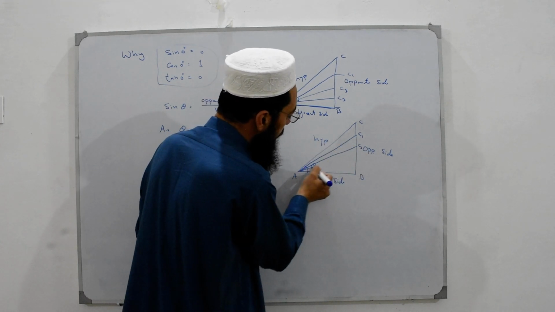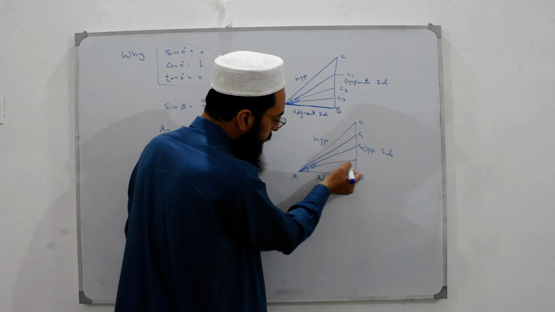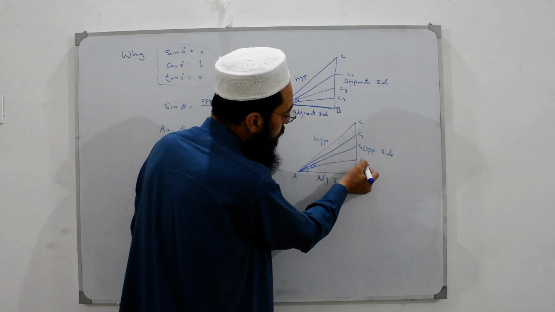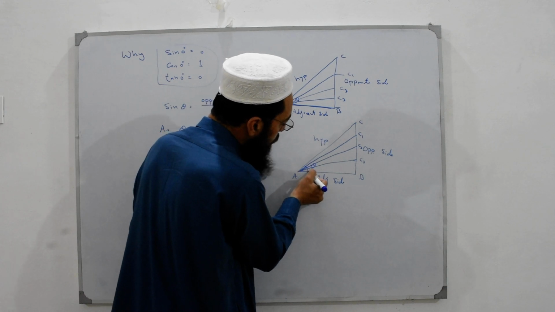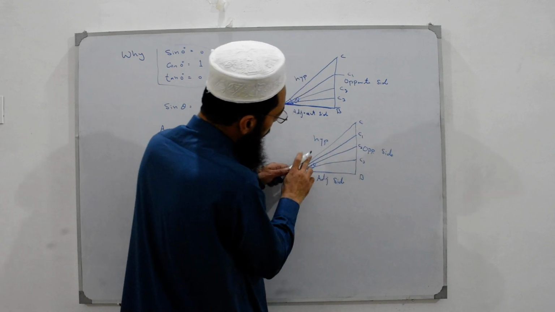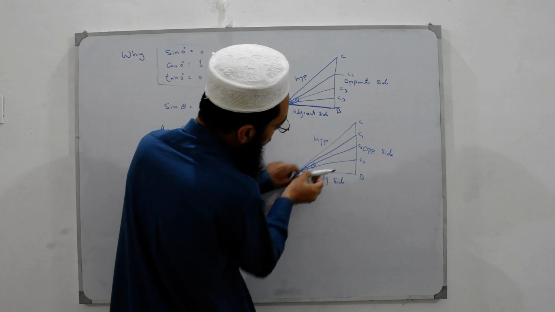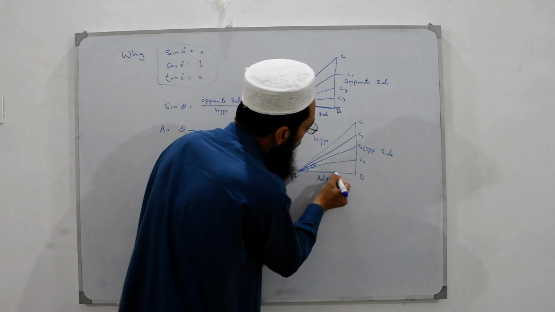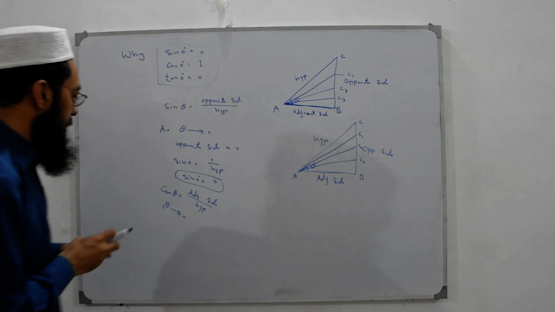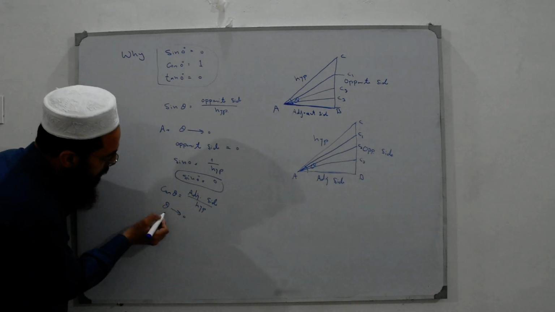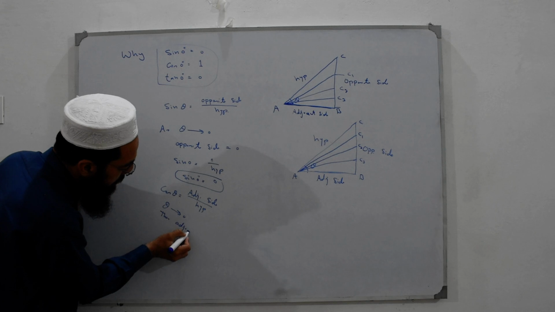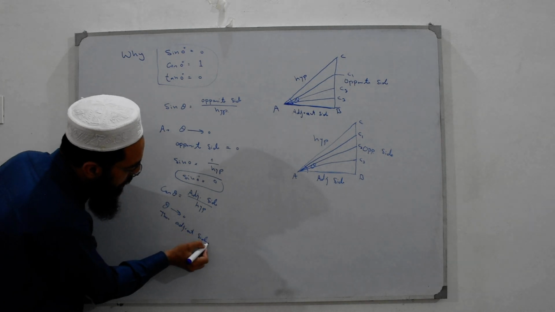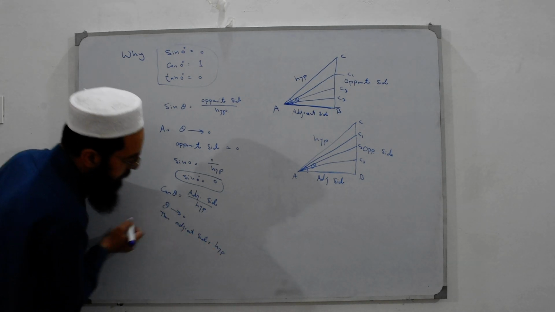Further we decrease angle theta, the hypotenuse will decrease from AC2 to AC3. Finally, if angle theta becomes equal to 0, at this point adjacent side and hypotenuse will be equal. When theta tends to 0, then the adjacent side will be equal to hypotenuse.